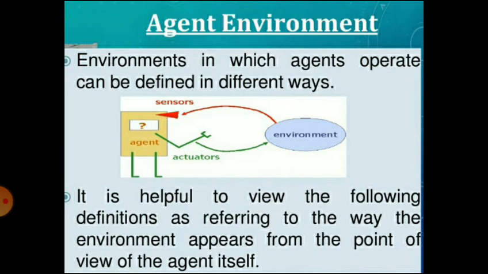So an example of a fully observable environment is chess. The agent knows the board that is used for the chess. He also knows the places on the board. He also knows the moves. Then he also knows what the checkmate rule is.